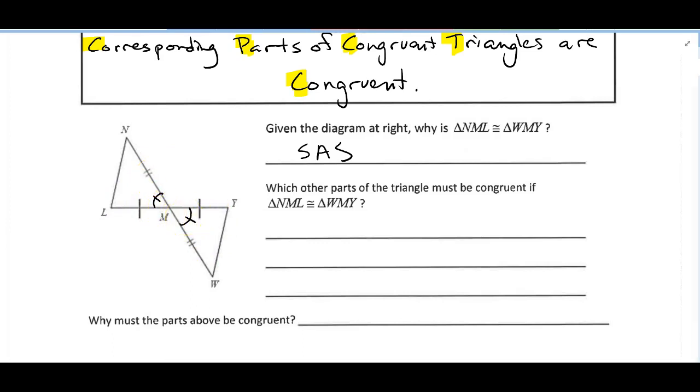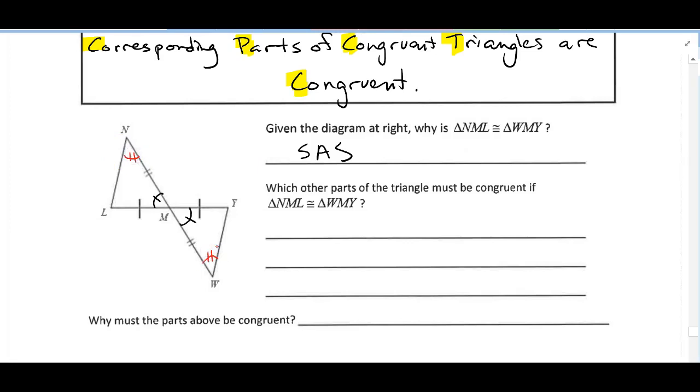Once we've shown that the triangles are congruent, which other parts of the triangles must be congruent if the triangles are congruent now? Well, we know that this angle up here is going to have to be congruent to this angle down there.